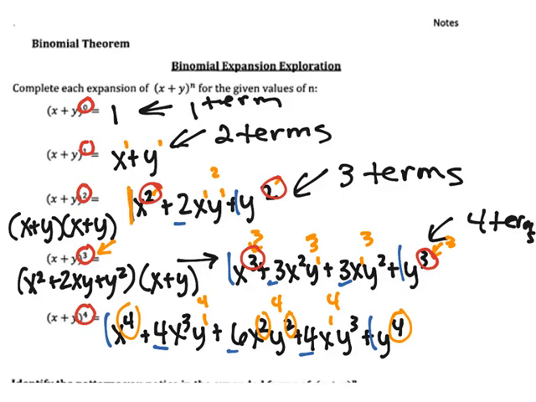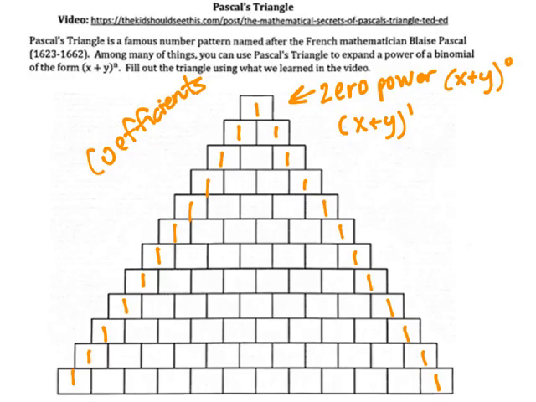They started with 1, ended with 1. Okay, and then the second number would be what these two add up to give you. So 1 plus 1 gives you 2. And then 1 plus 2 gives you 3, and 2 plus 1 gives you 3.